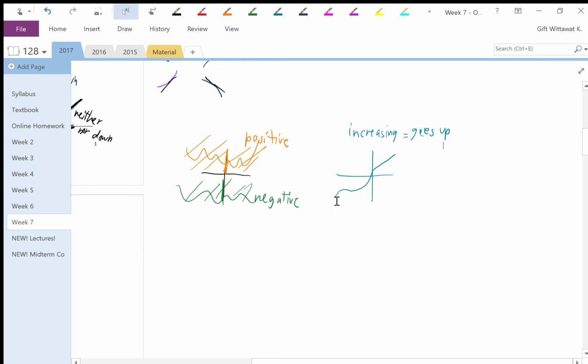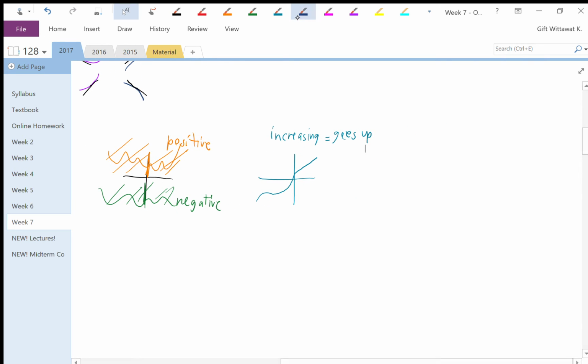It can be below the x-axis, it can be above the x-axis, but as long as it goes up, then it's increasing. A function is decreasing when it goes down. Once again, it doesn't matter if my graph is below or above the x-axis, as long as it goes down, then it's decreasing.